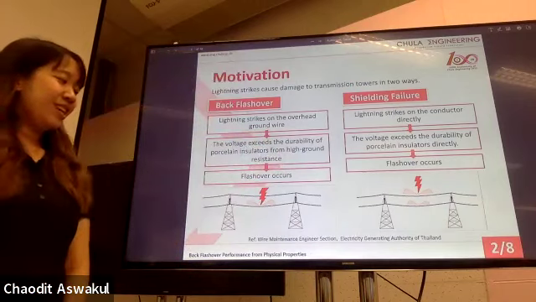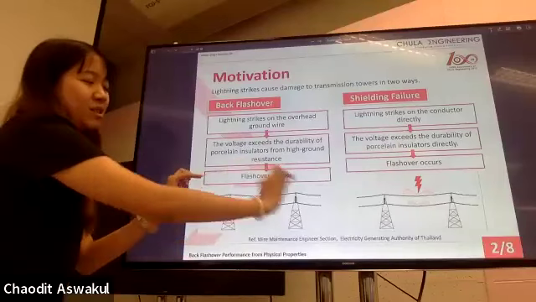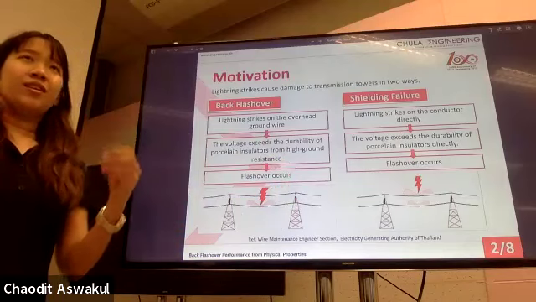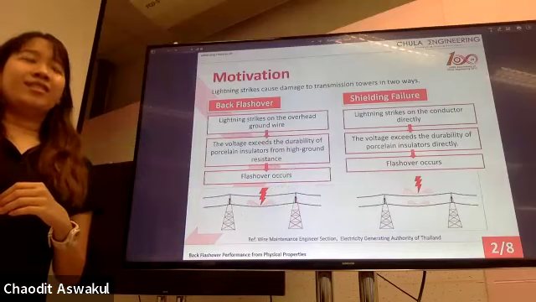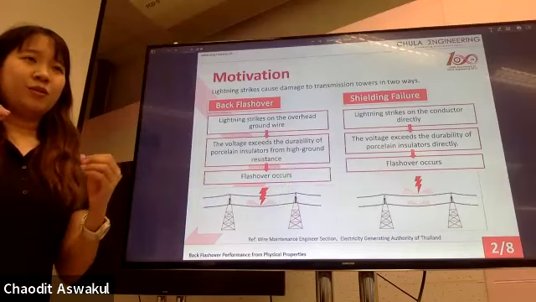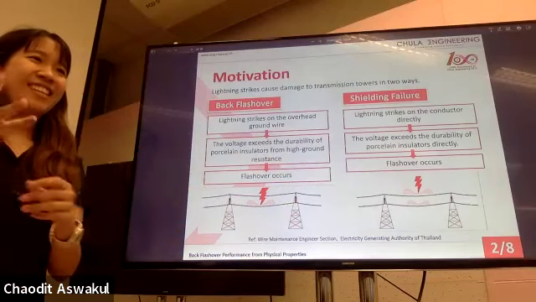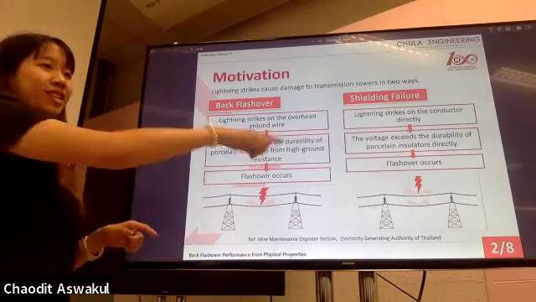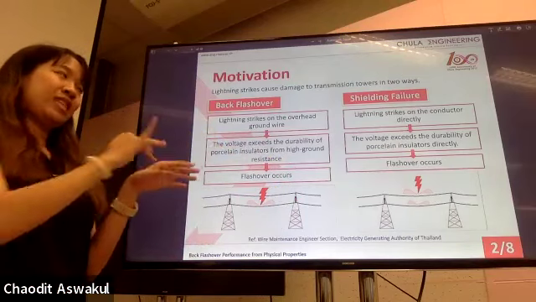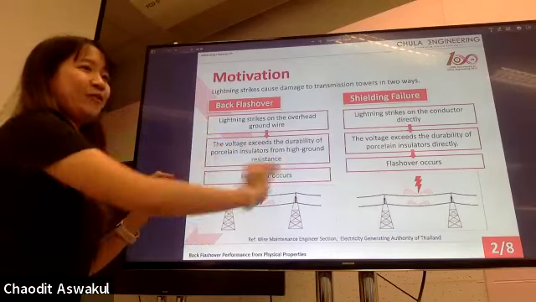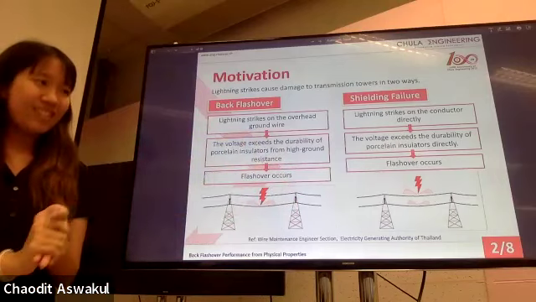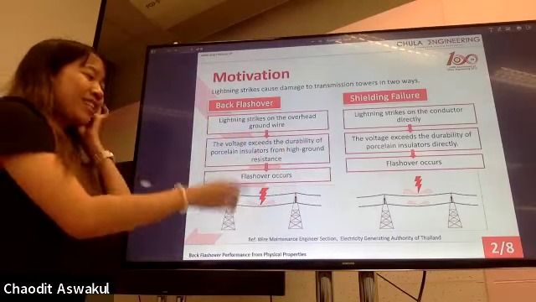I think the transmission line is damaged. This is a high voltage transmission line.